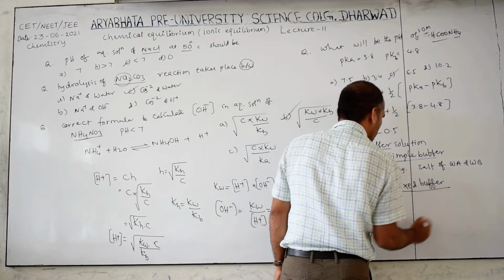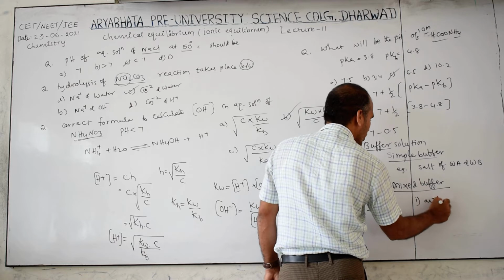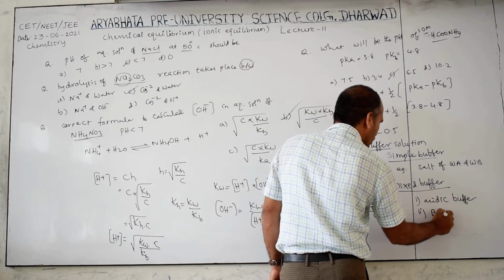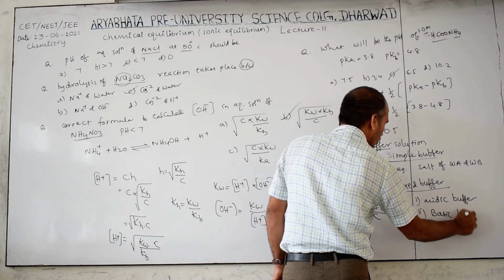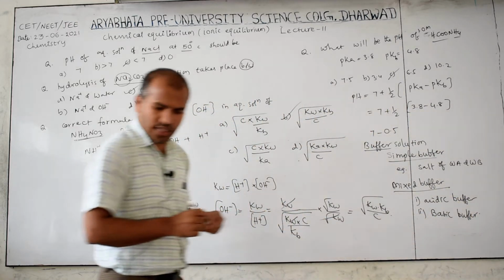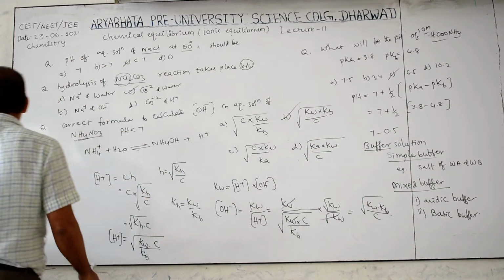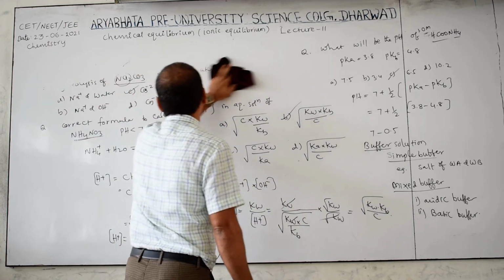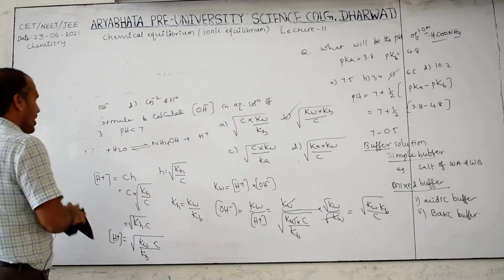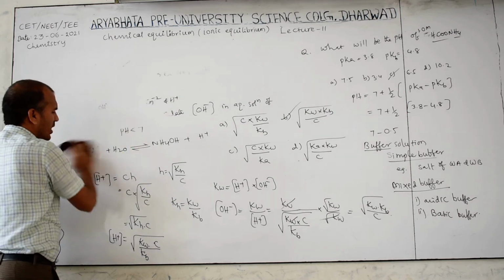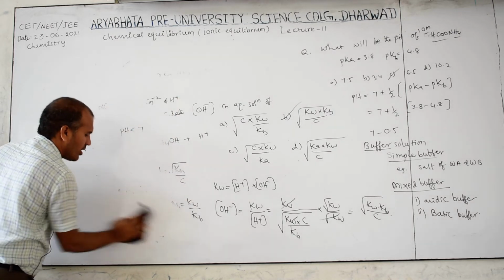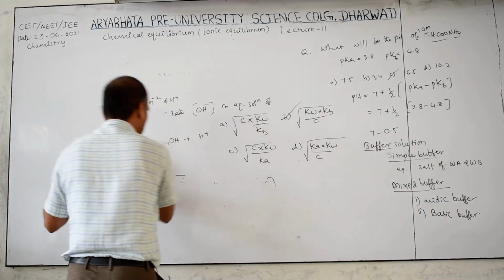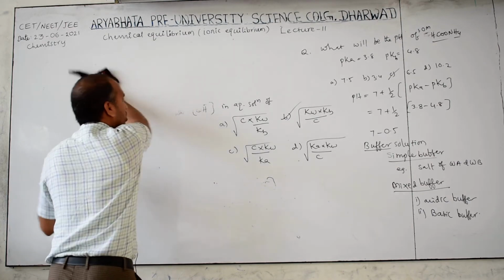In the mixed buffer, one is the acidic buffer and the second is the basic buffer. An acidic buffer means a weak acid and its conjugate base, otherwise its salt. A basic buffer means a weak base compulsorily along with its conjugate acid, otherwise its salt. I will give examples, don't worry.